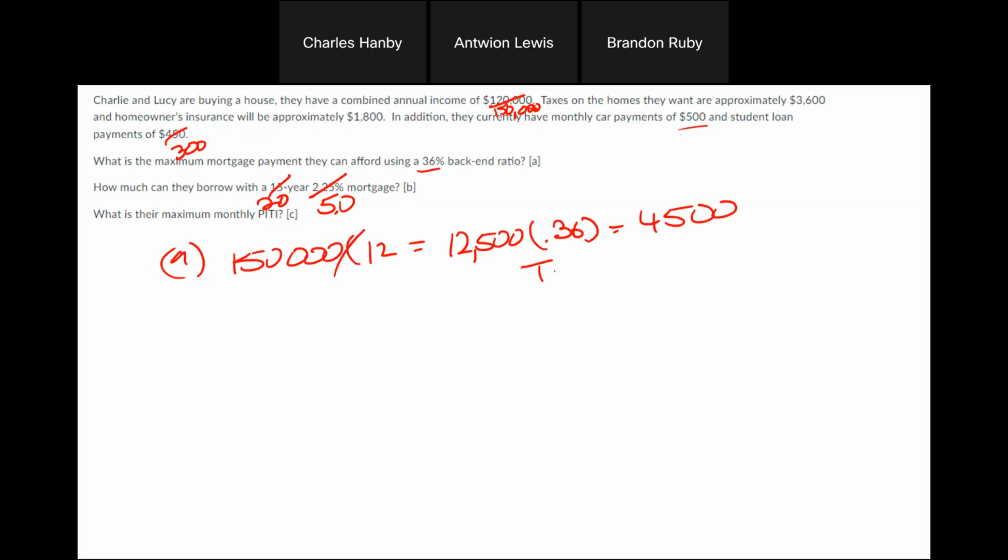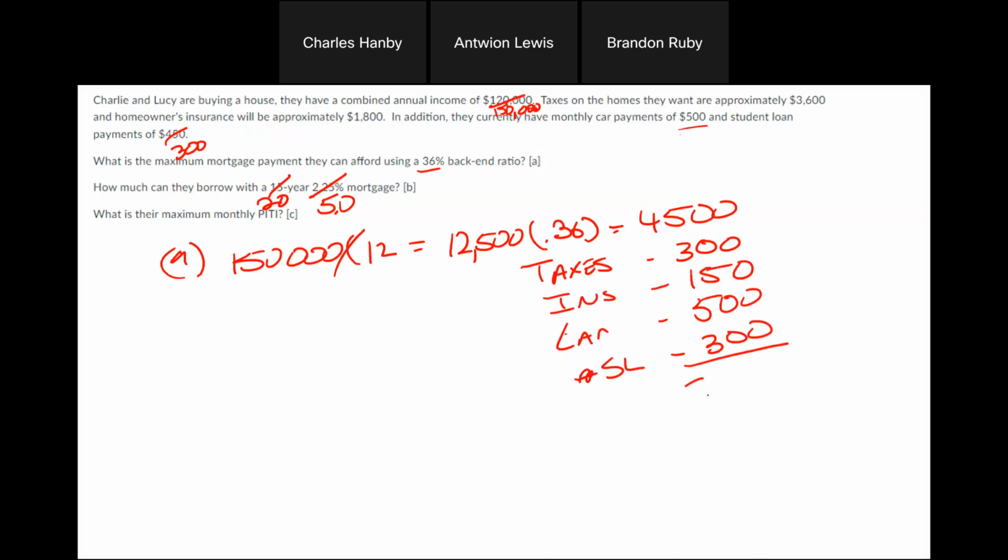We know our taxes will be approximately 300. Insurance 150. Then we have to include the car, the 500, and then the student loan, the 300. Subtract all that, and then you get $3,250. So that's the maximum mortgage payment.